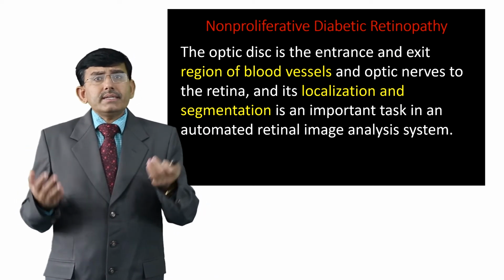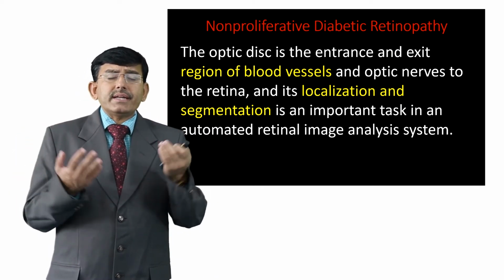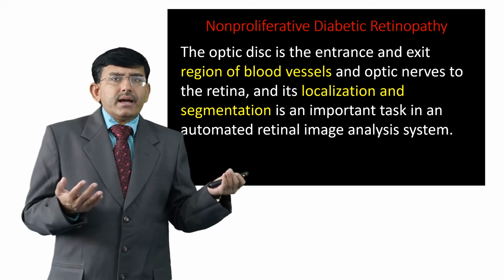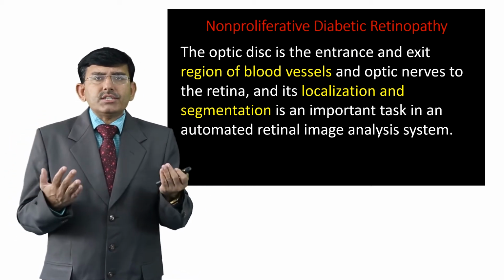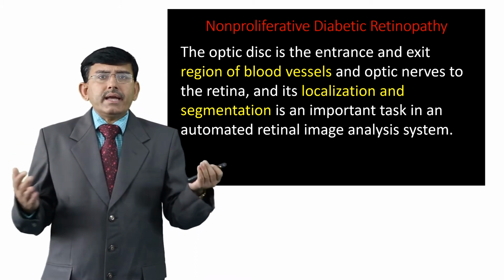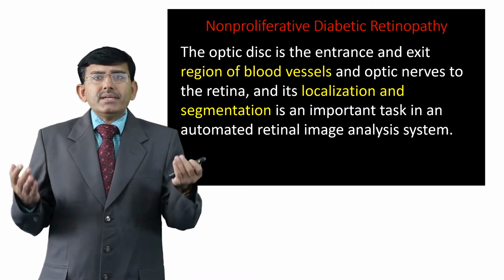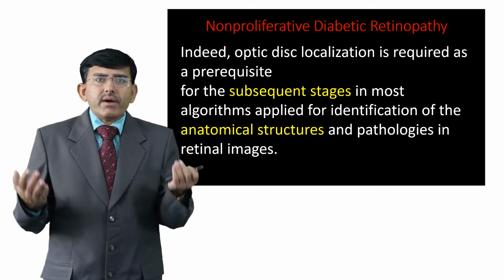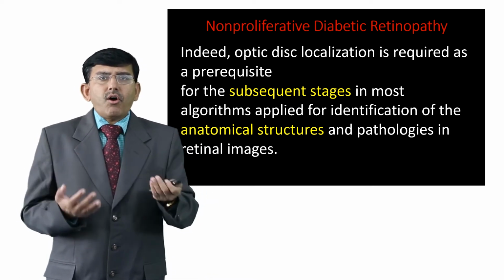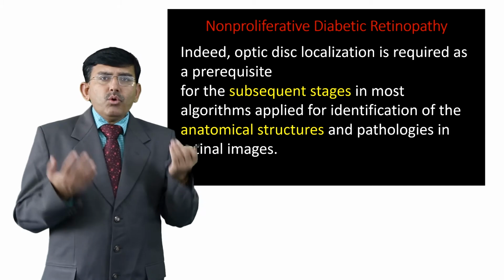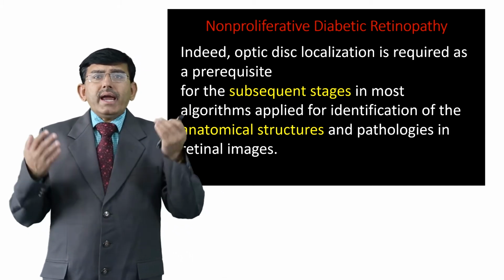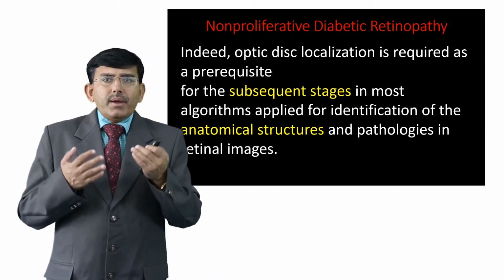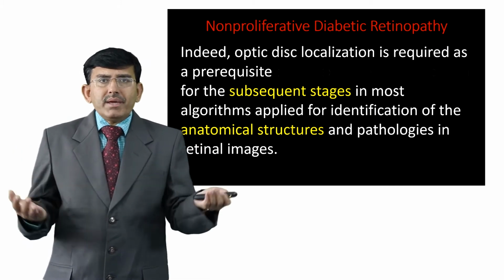The optic disc is the entrance and exit region of blood vessels and the optic nerve to the retina, and its localization and segmentation is an important task in an automated retinal image analysis system. Indeed, optic disc localization is required as a prerequisite for the subsequent stages in most algorithms applied for identification of the anatomical structures and pathologies in the retinal images.